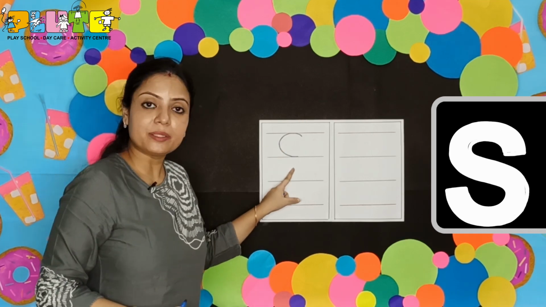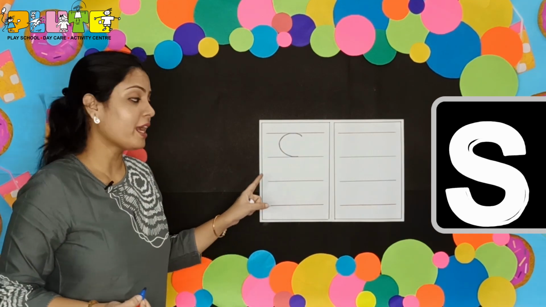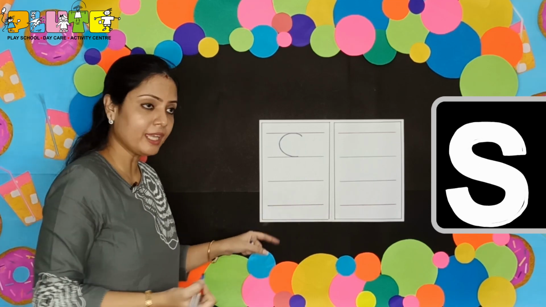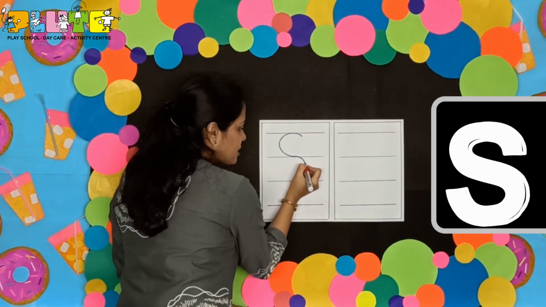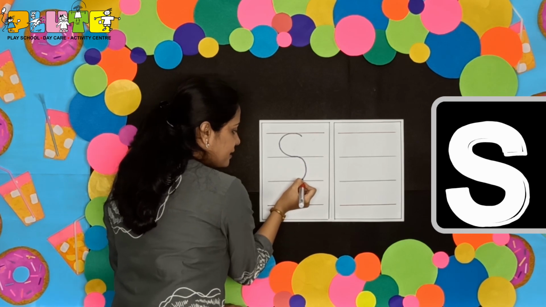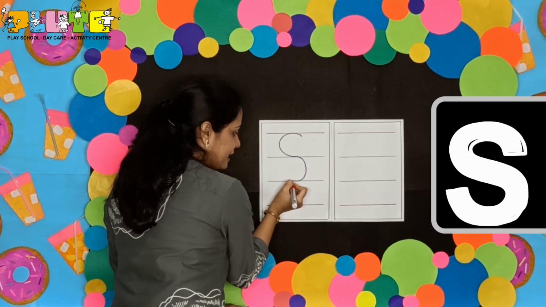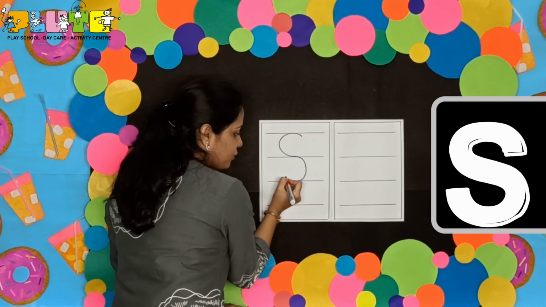And to complete the S, we need to draw an opposite curve. So from the second line, we will draw an opposite curve till the third line. Yes, and then I'll take it upward.